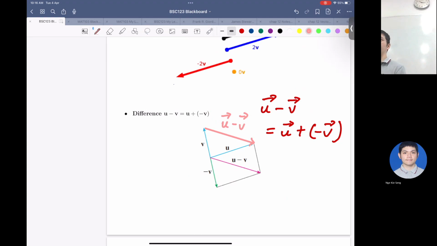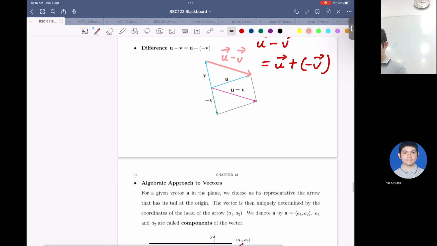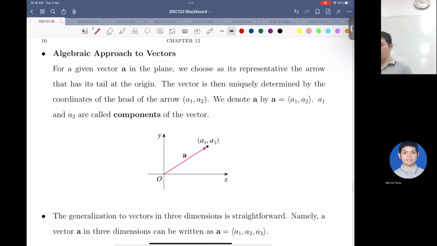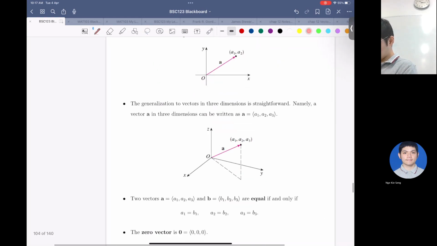This is just a revision of linear algebra so far. Okay, algebraic approach for vectors. How do you label the vectors? You label the point from the origin: A1, A2, A3.